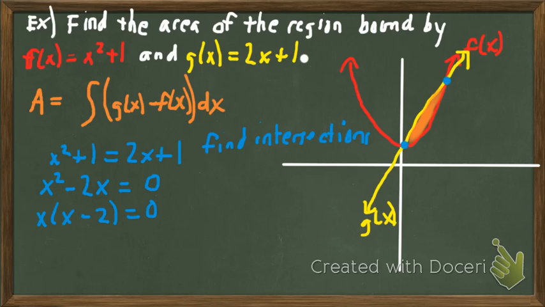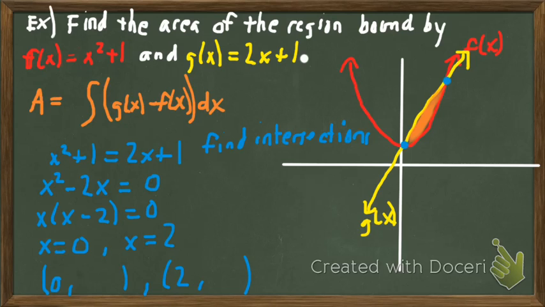And so the 2 points of intersection are going to happen when x is equal to 0 and when x is equal to 2. Now what we'd really like is to know what the x and y coordinates for those points of intersection are. And so what you can do is simply plug in 0 and 2 into either one of the functions, and I'll show you how that gives you the same answer in both instances.